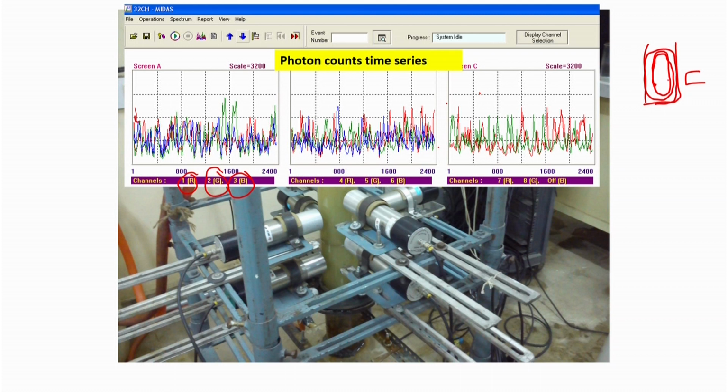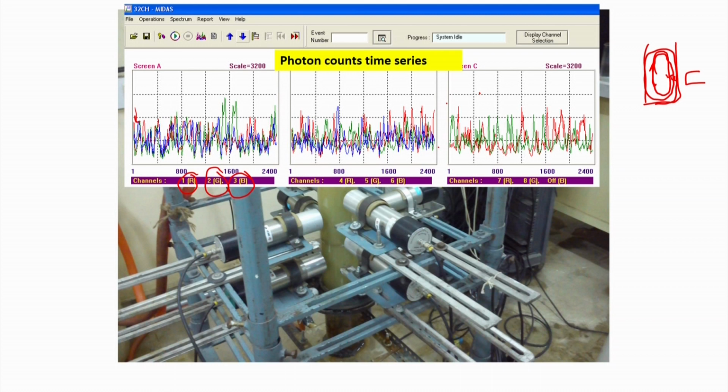So, once it is far, the count on the detector will be low. Once it comes close, the count on the detector will increase. So, that is what we are seeing, that increasing and decreasing count pattern for all the detectors. So, now we have a photon count time series history of the tracer particle.